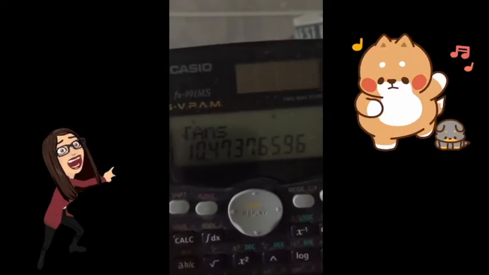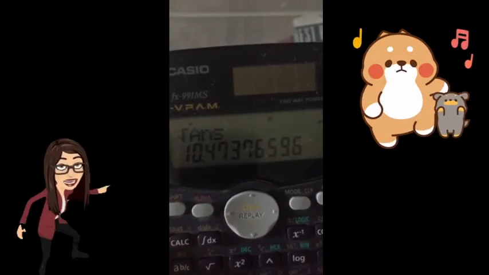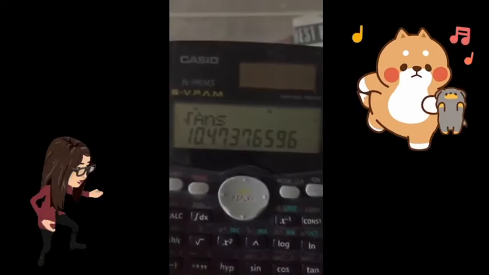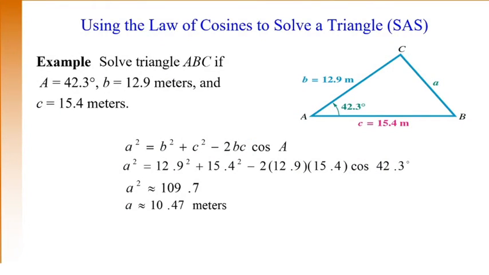And that is already the answer, the value of a, which is 10.47.